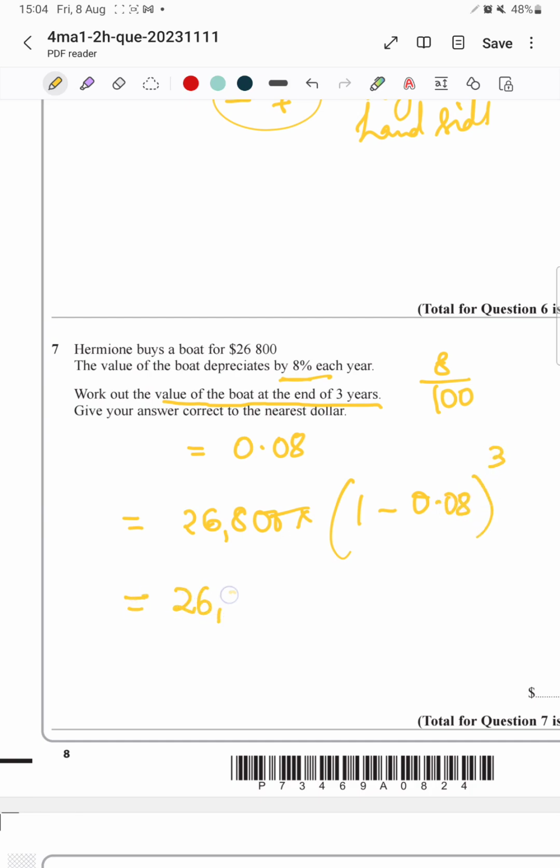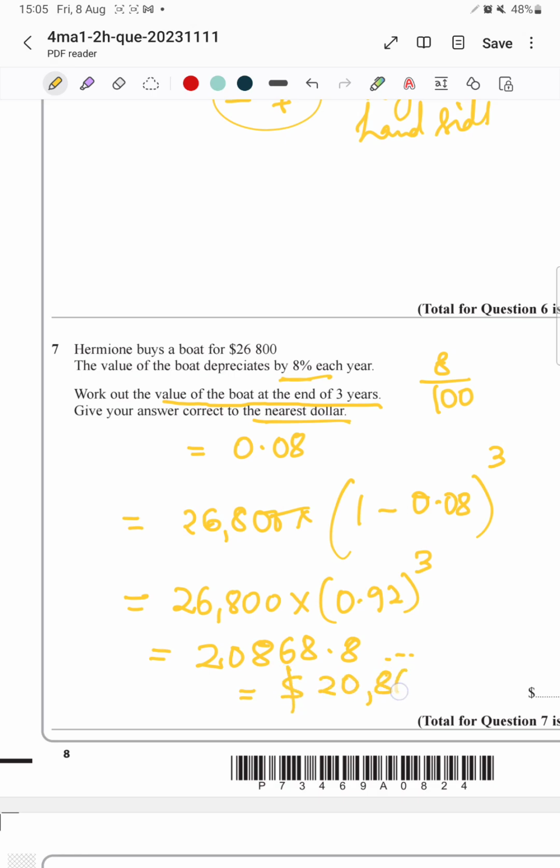So 26,800 times 0.92 raised to the power of 3, and this will come out as 20,868.8... If we have to answer to the nearest dollar, this will be equivalent to $20,869. This is the correct answer.